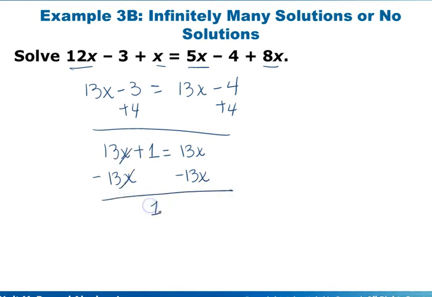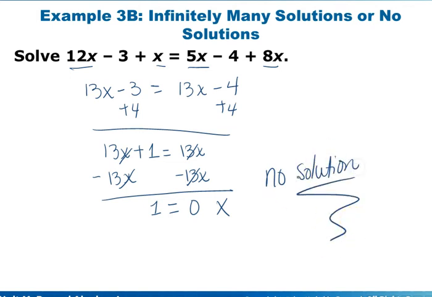And here I end up with 1 is equal to 0 because 13 minus 13 is 0. So in that case, this one will not be true and this one will have no solution. Okay, so there's no solution for this one.